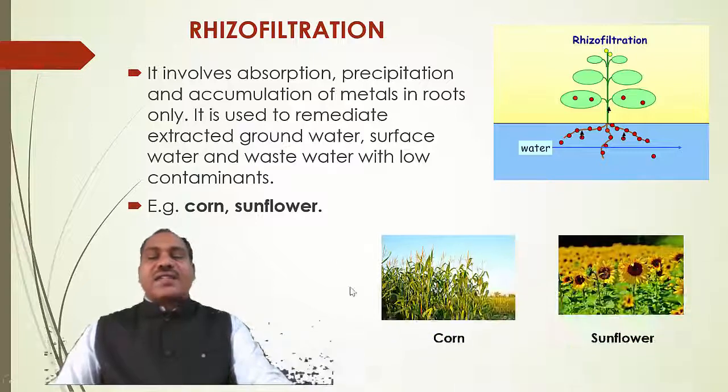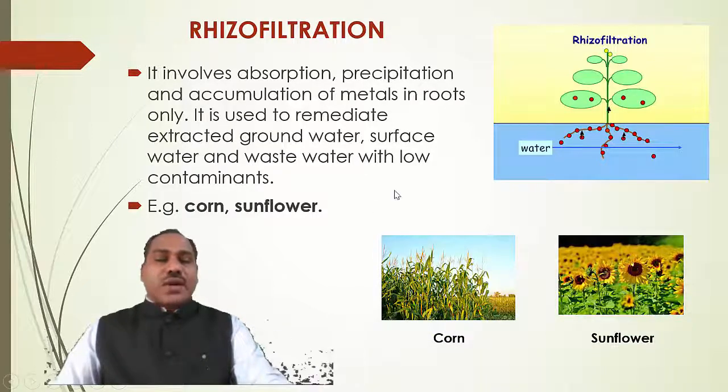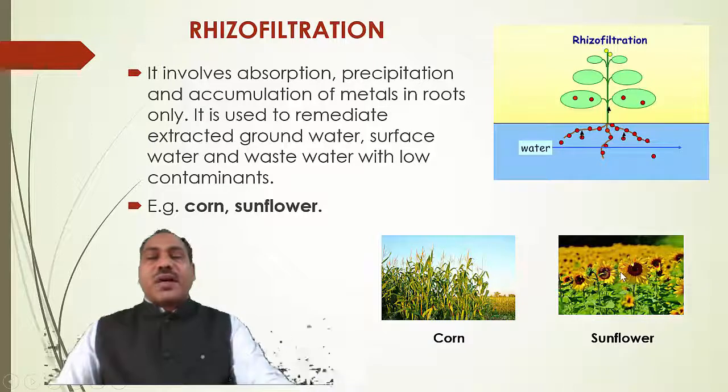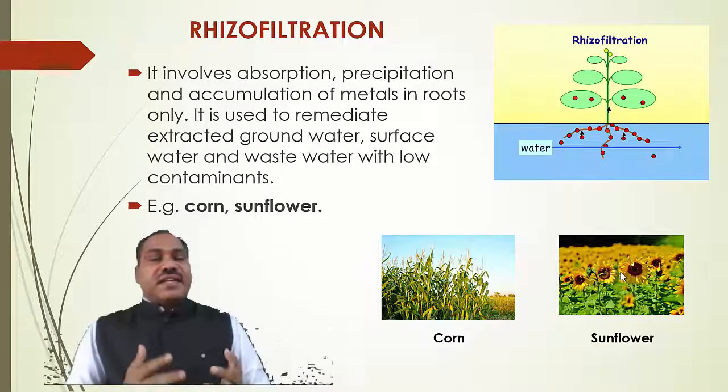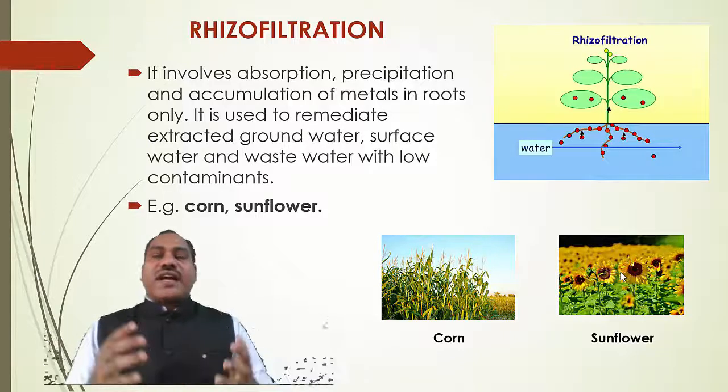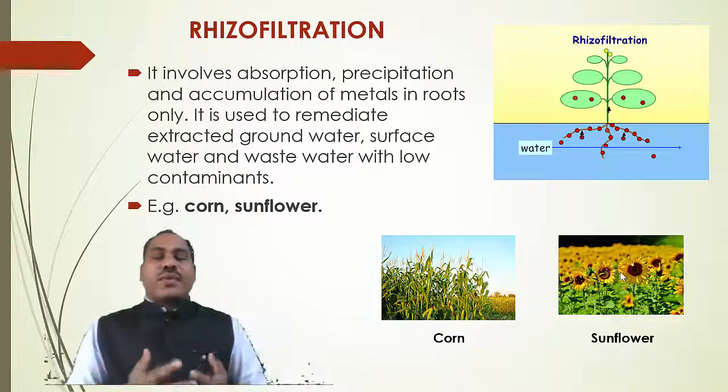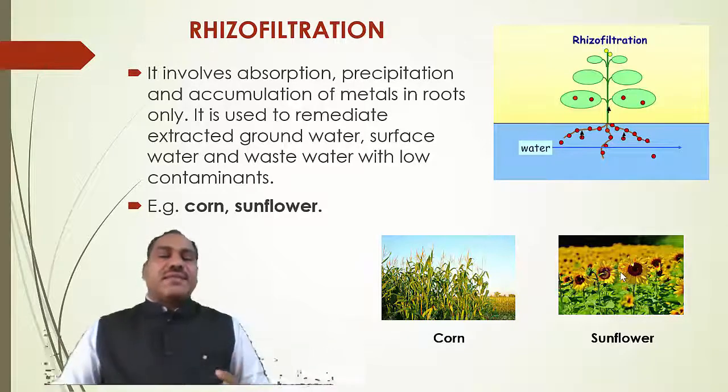Different plants are also used for this process, such as corn and sunflower, but rhizofiltration is very effective in case of water pollution, where aquatic plants are more favorable because aquatic plants have an extensive root system.